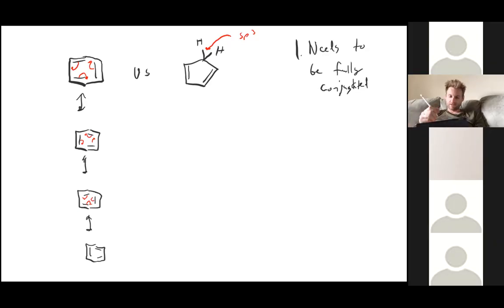But because we have an sp3 center here, you can't do any sort of resonance, besides this, which would be your full resonance structure. So we would call this non-aromatic, which literally just means that it's not aromatic.